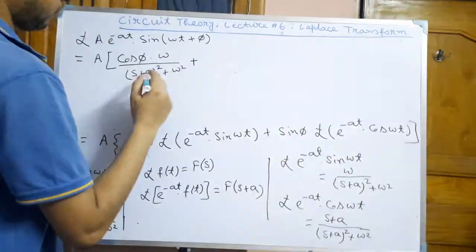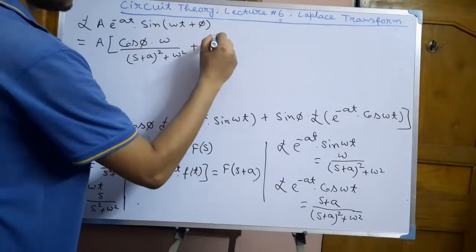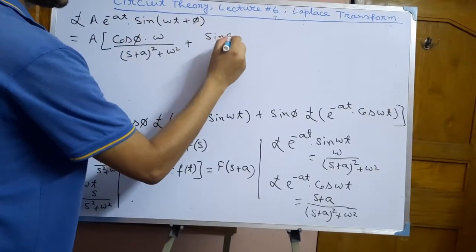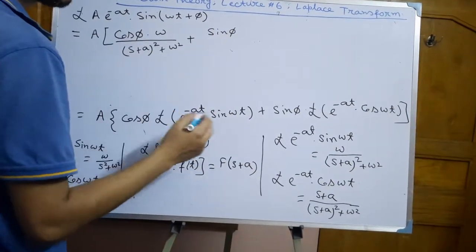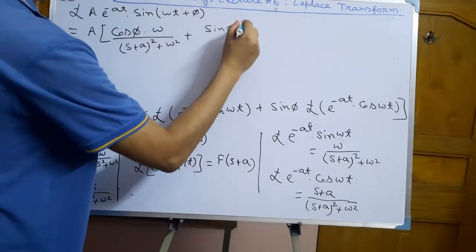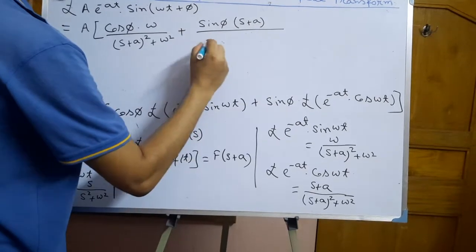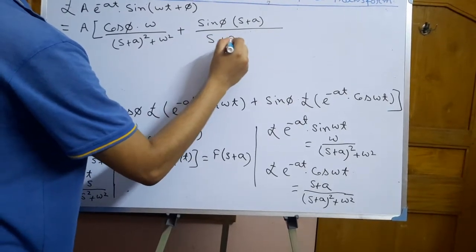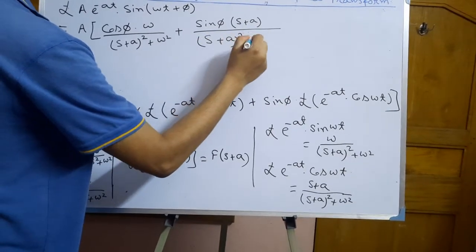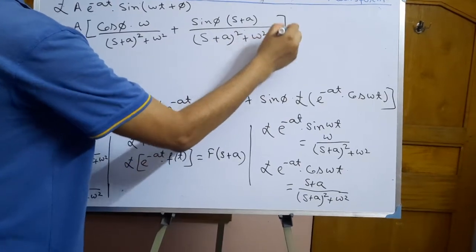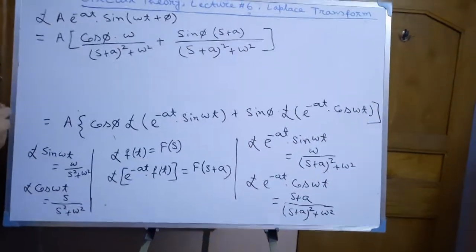So this is equal to sin phi into (s plus a) by (s plus a) whole square plus omega square. Okay.